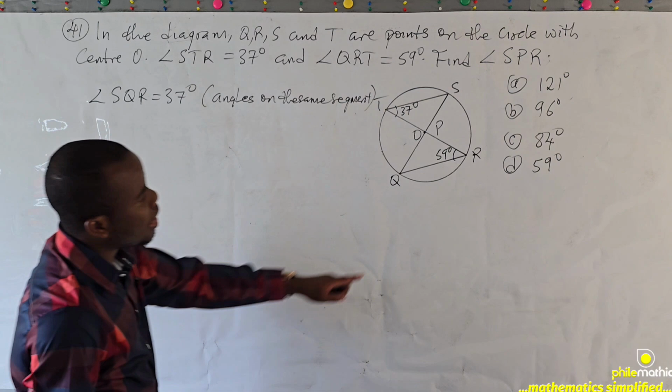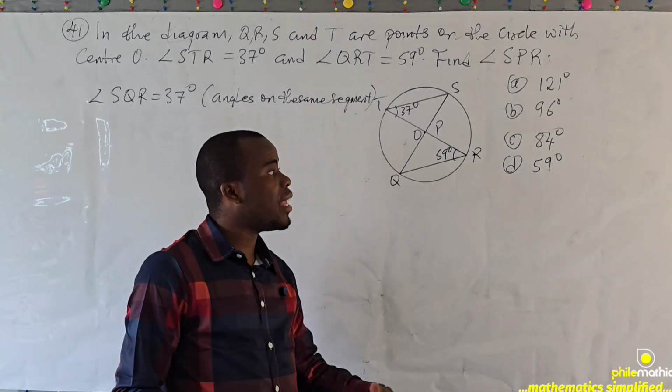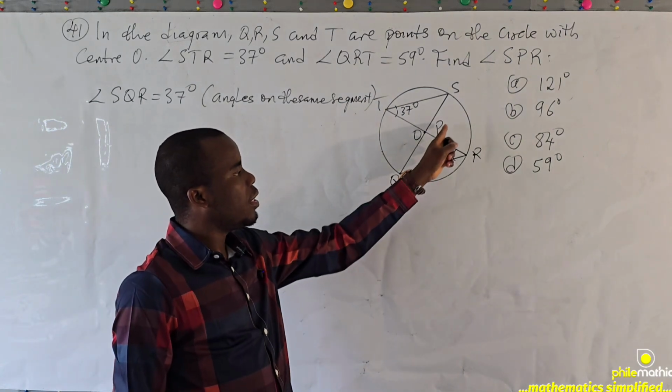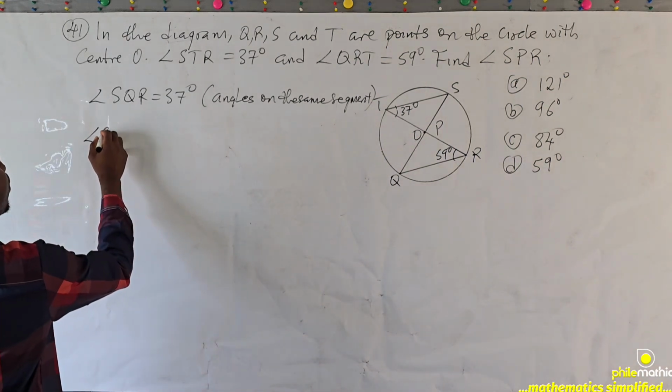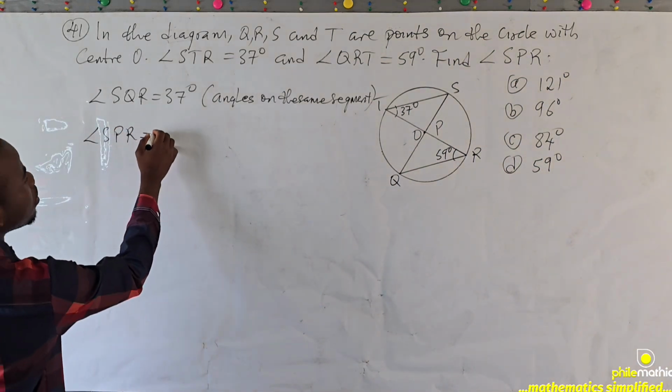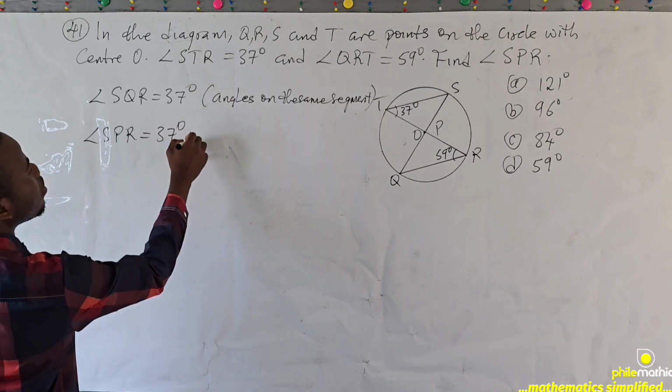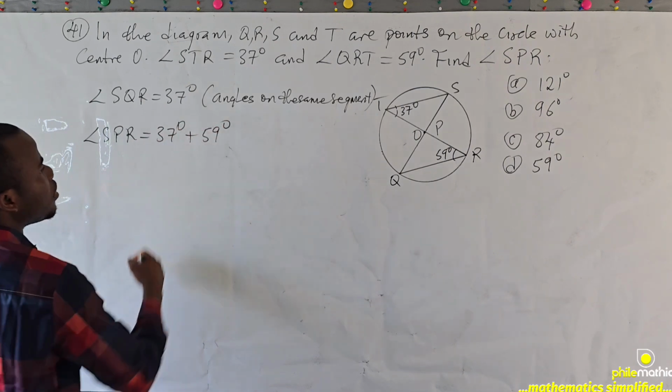And so since this is 37 degrees, from what I've explained earlier, angle P is simply this plus this. Angle SPR is 37 degrees plus 59 degrees.